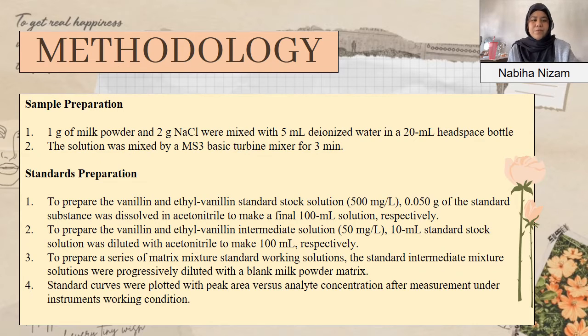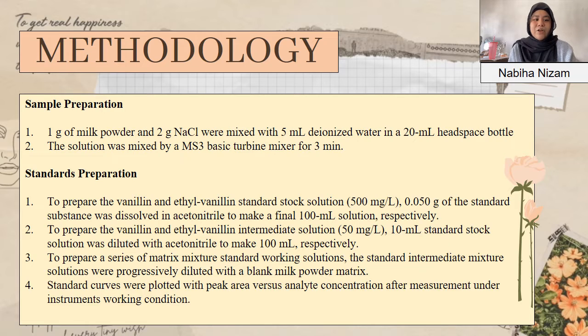For the standards preparation, to prepare the vanillin and ethyl vanillin standard stock solutions, 0.05 gram of the standard substance was dissolved in acetonitrile to make a final 100 ml solution respectively. To prepare the intermediate solutions, 10 ml of standard stock solution was diluted with acetonitrile to make 100 ml respectively.